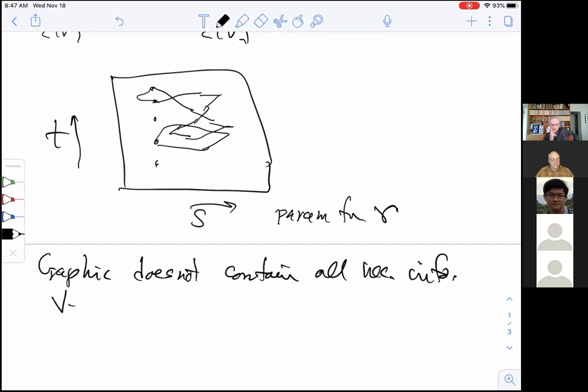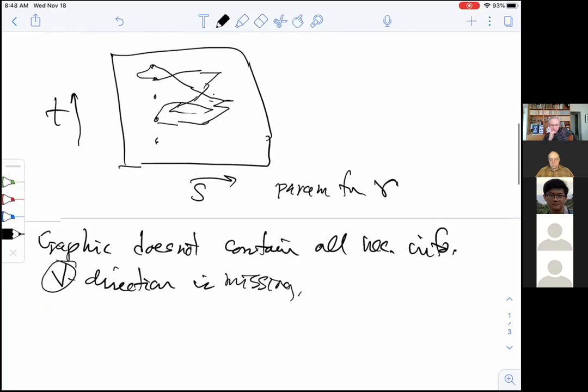So the V direction is completely missing. So you can't just look at the graphic and say, okay, I see some configuration in the graphic, so I can make a move, canceling things or shifting one branch past another, because you have to know what's happening in V in order to do that.